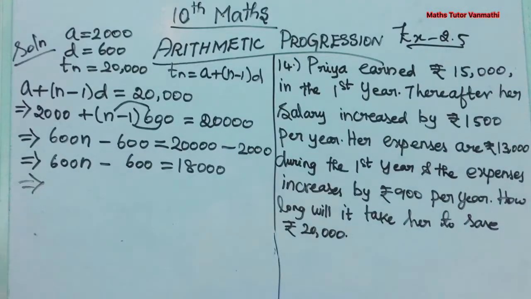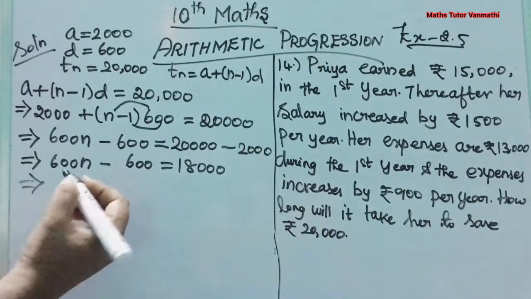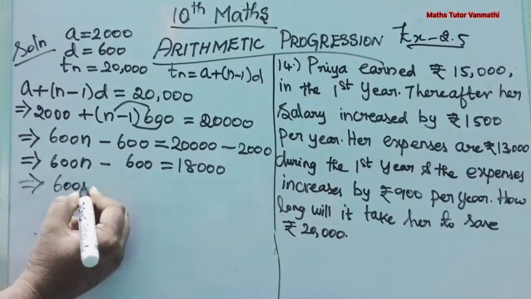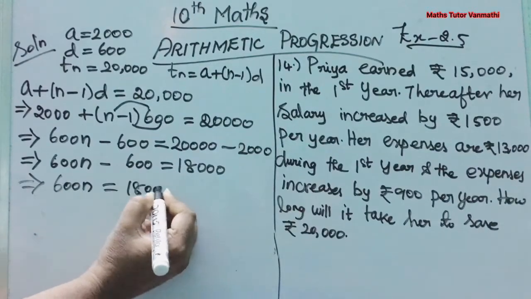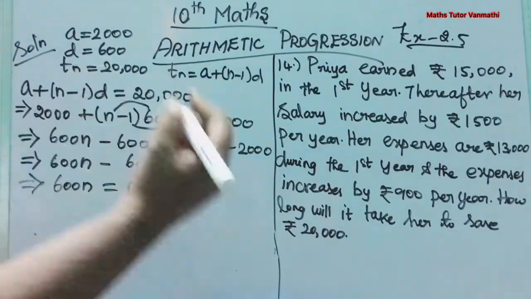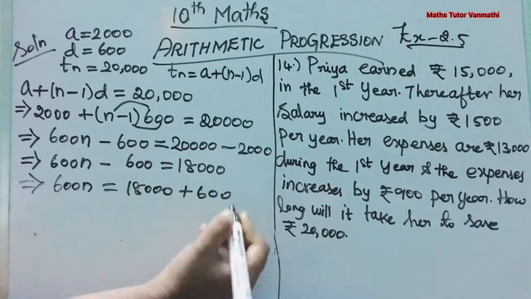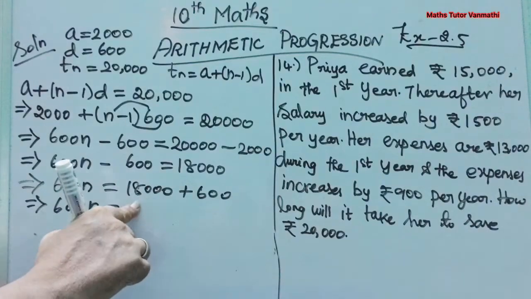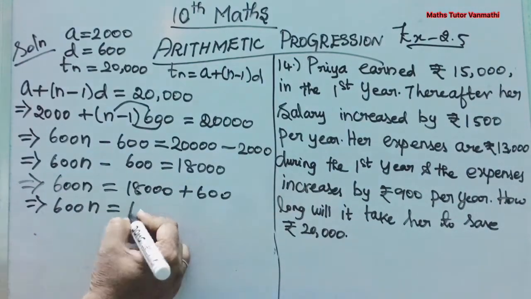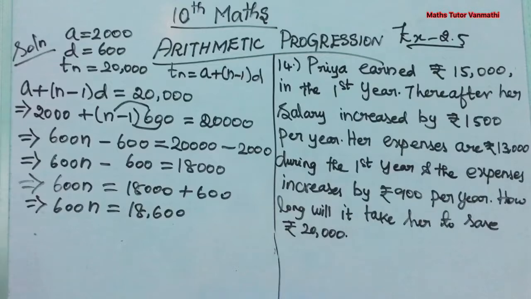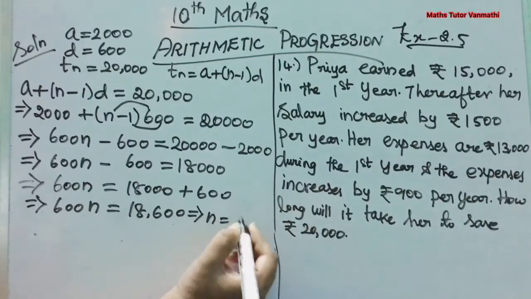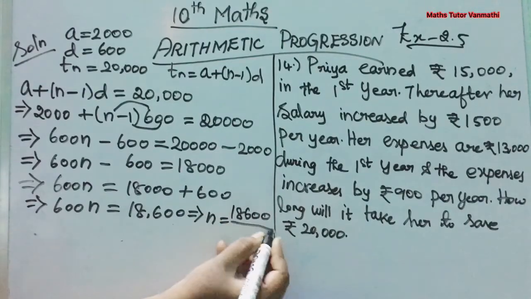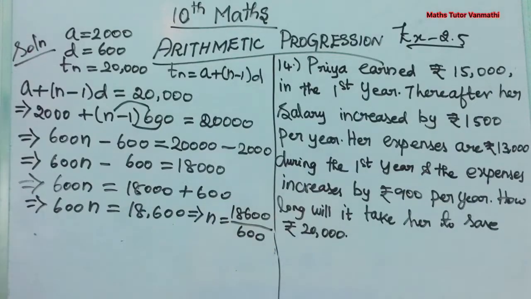Next, again taking the 600 to that side, you will get 600n, which is equal to 18,000. Here you are getting minus 600. Going that side, you will get plus 600, which implies 600n is equal to 18,000 plus 600. You will get 18,600.